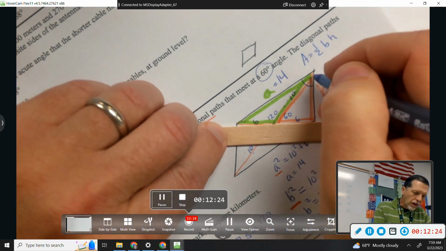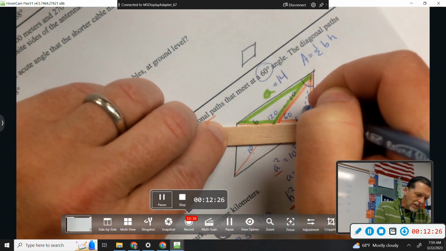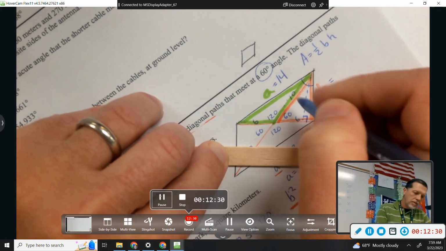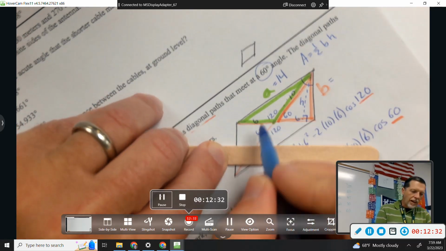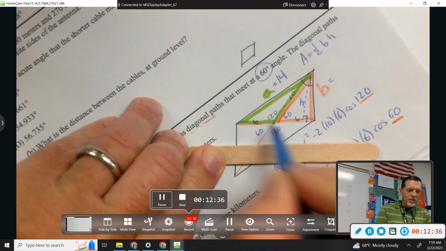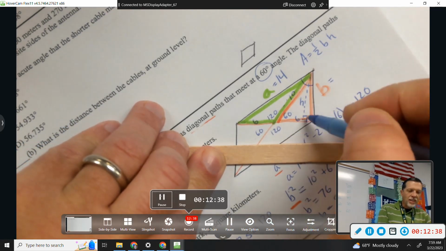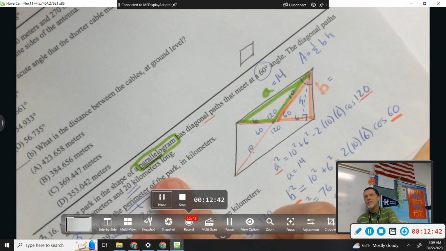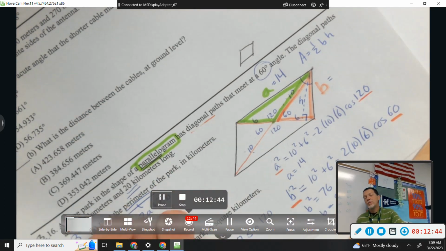Wherever that height is that makes a right angle, they have the same base, right? The orange base is here, the green base is here, and they have the same height, so they'll have the same area, even though they look very different. So that's kind of weird, but they will always be the same.